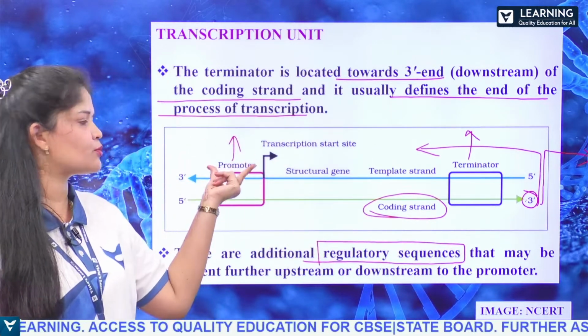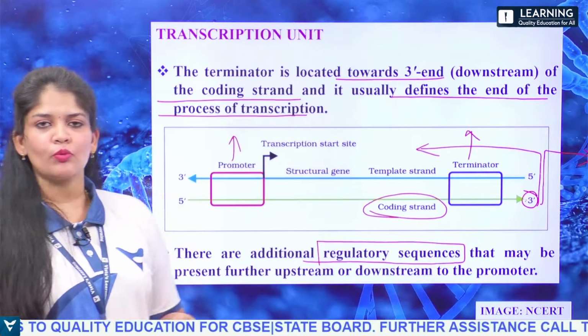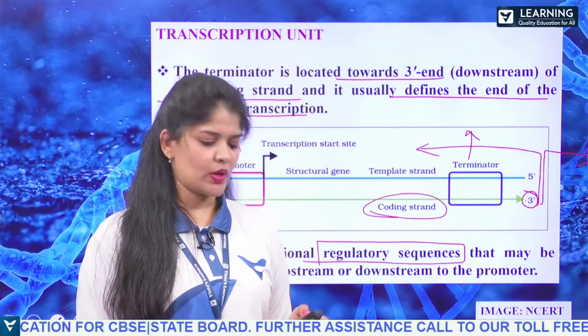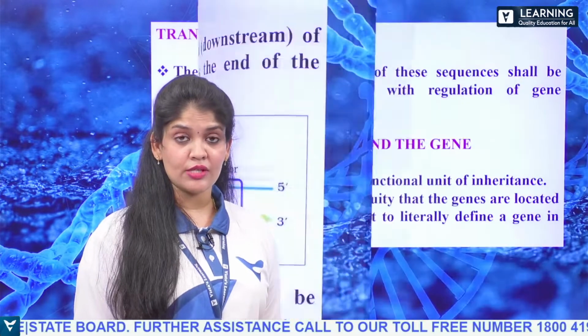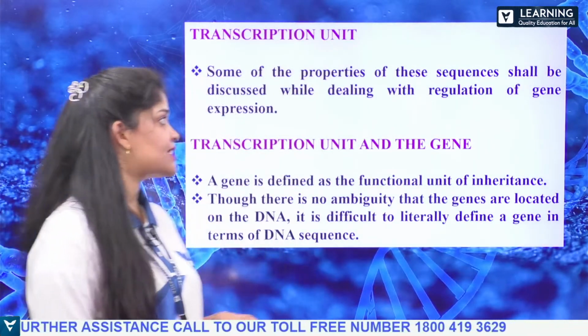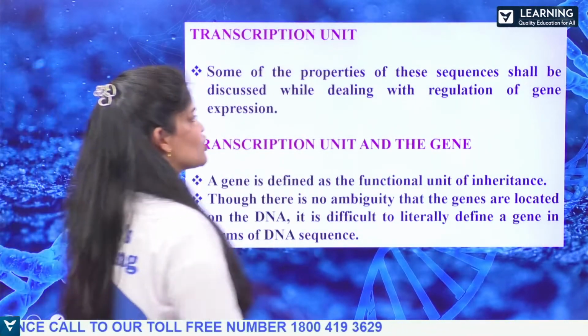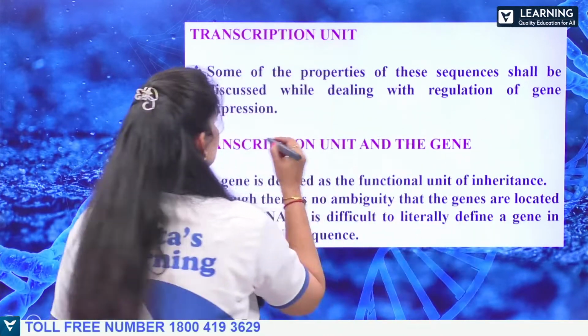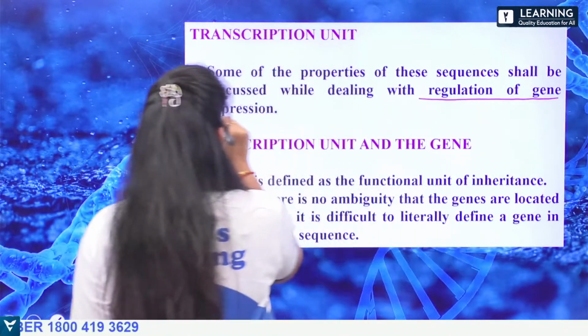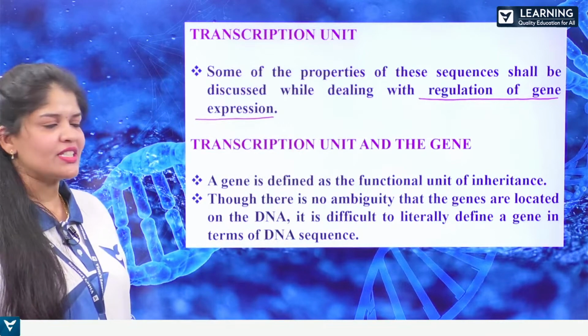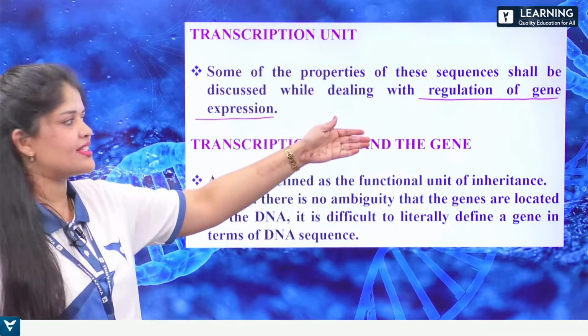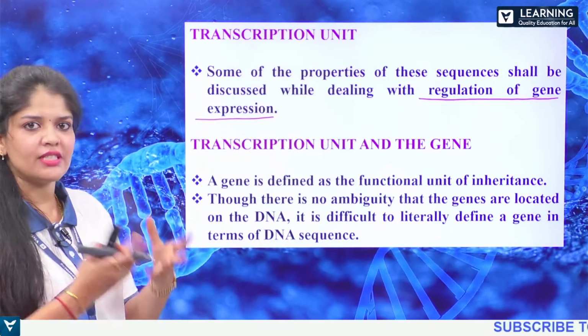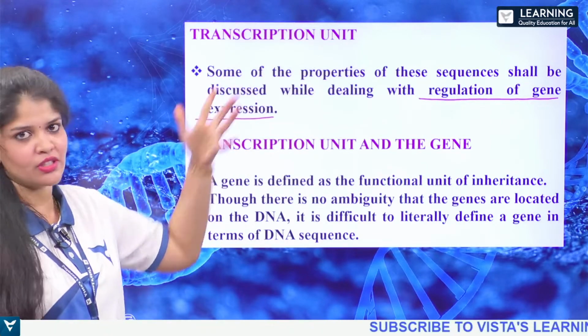The details regarding these regulatory sequences can be studied while we deal with the regulation of gene expression. Some of the properties of these regulatory sequences shall be discussed when we deal with the last topic, the regulation of gene expression.